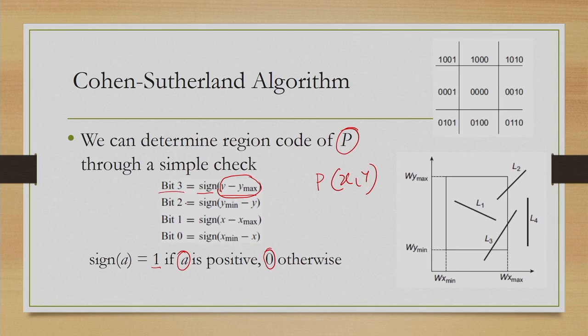For bit 3 we check the difference between y and y max, for bit 2 the difference between y min and y, for bit 1 the difference between x and x max, and for bit 0 the difference between x min and x, take their sign, and then apply this rule to get the actual bit value.